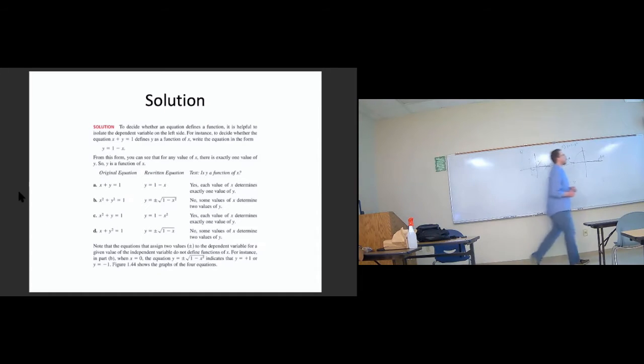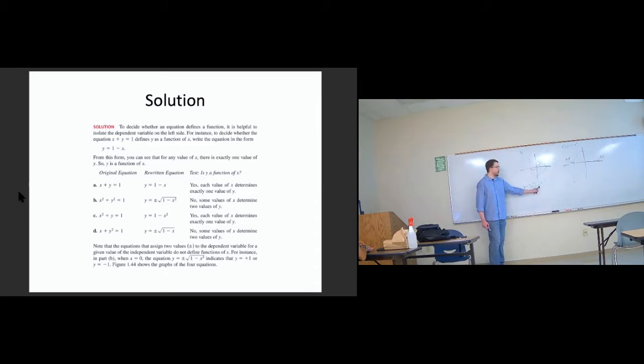Now, one way to evaluate B is to actually solve that equation out. When we do that, we get that y is equal to plus or minus the square root of 1 minus x squared, right? But notice what that tells us after we do this algebra.